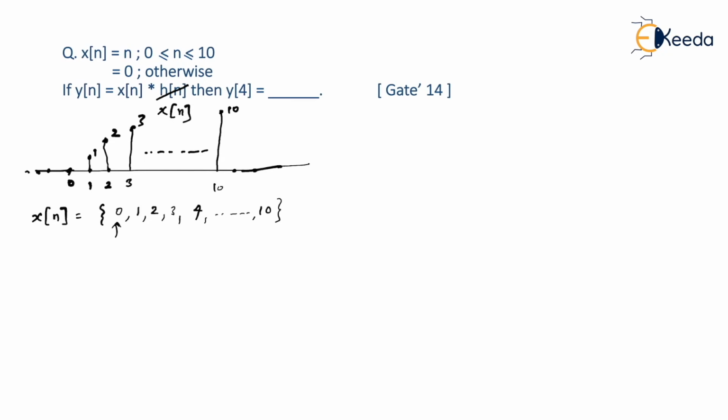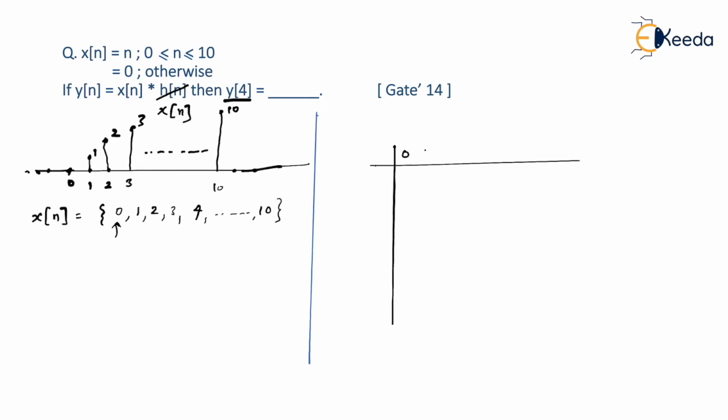So this is x of n given to me, and I have to convolve x of n with itself, and that is y of n. So they are not asking you complete y of n, but they are asking you the value of y of 4. Let us see how we can handle this. So we would not be doing something great, but to follow the same method, that is a tabular method. So here I'll write x of n.